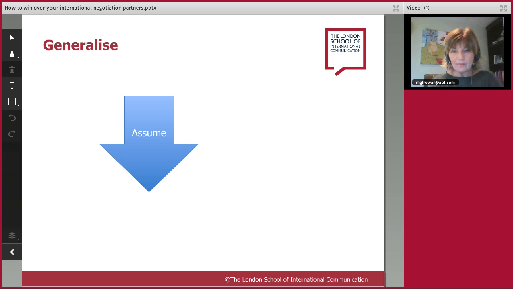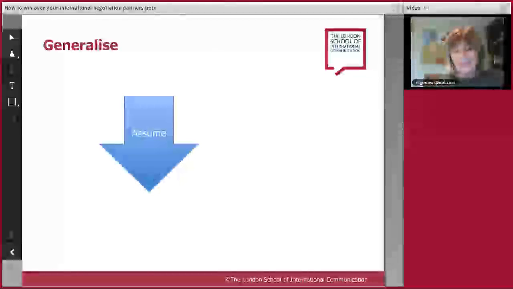Now, what often happens here is that the person who doesn't know what you mean will not want to necessarily admit it because it may make them feel like they're going to look bad. It may make them feel less equal in the negotiation.